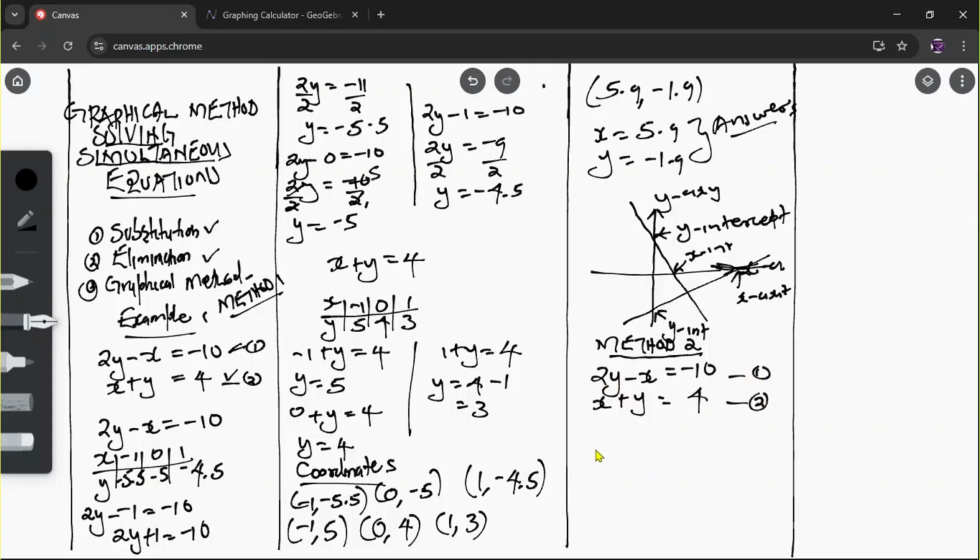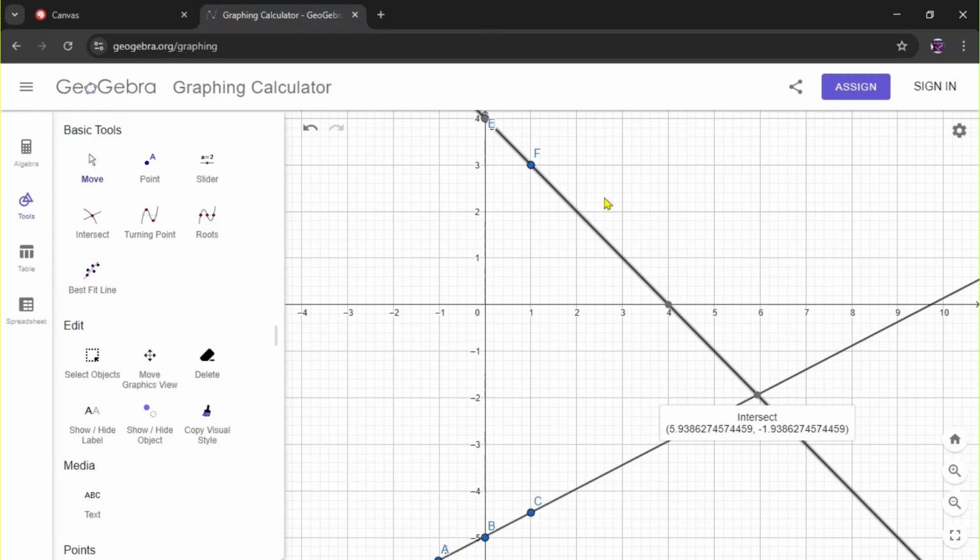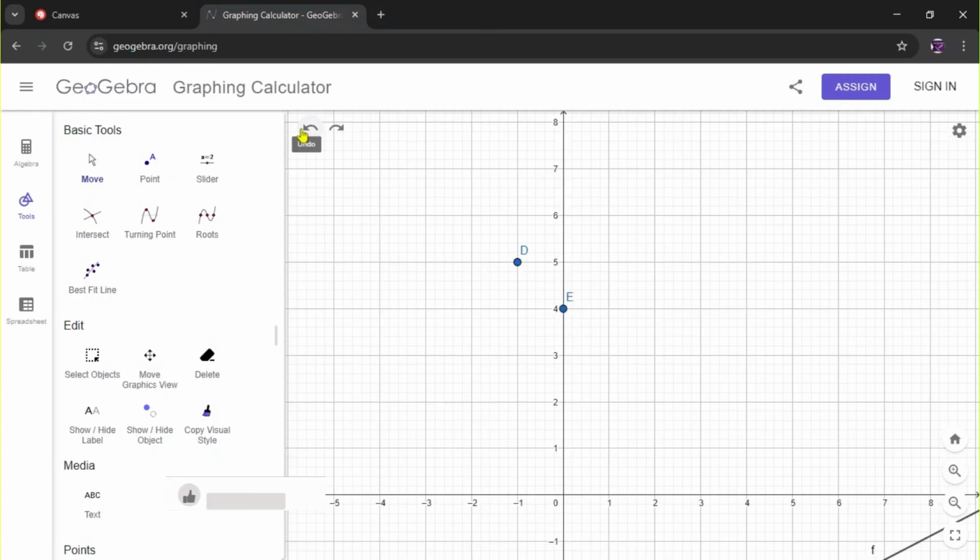One thing that I should note is that if I'm given an equation as 2y minus x is equal to minus 10, we have the x-intercept and the y-intercept. I want us to have a short observation. What happens on the x-intercept?